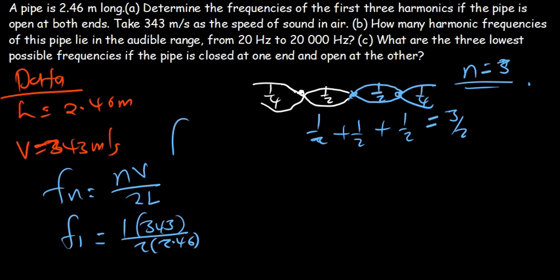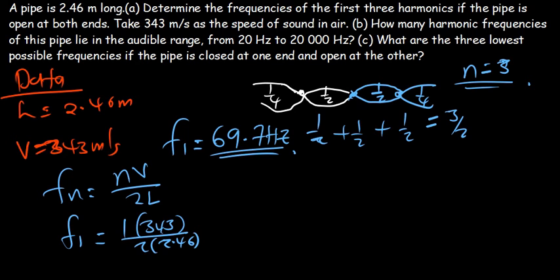So the first fundamental frequency will be 343 divided by, open brackets, 2 times 2.46. I'll get 69.7 hertz.